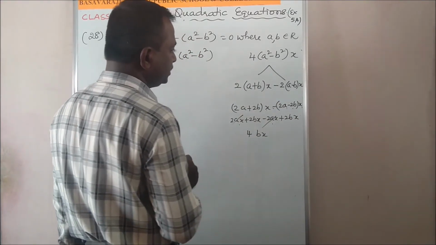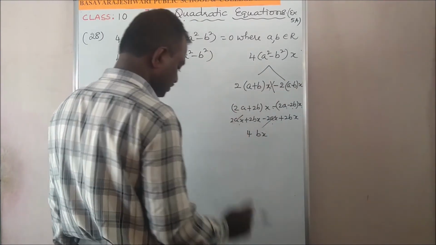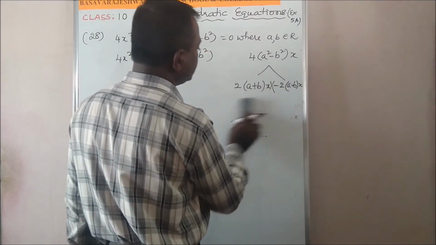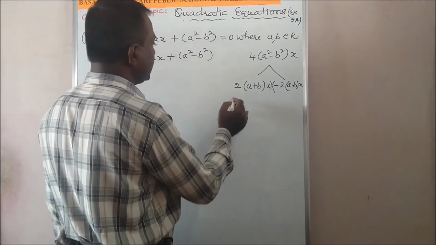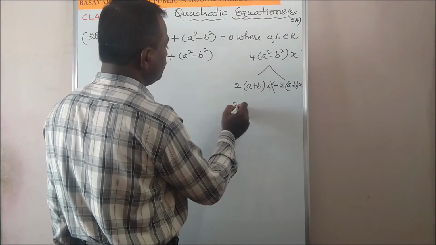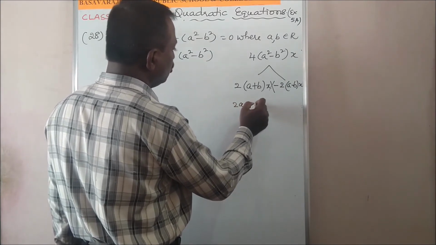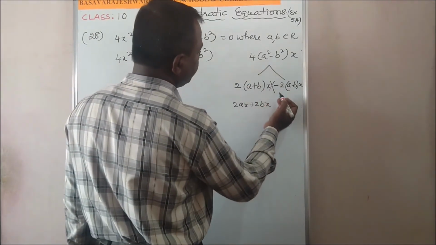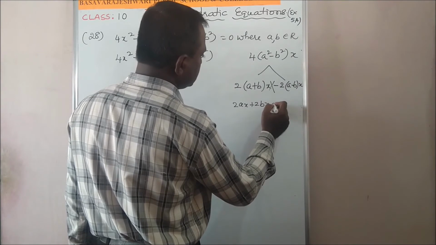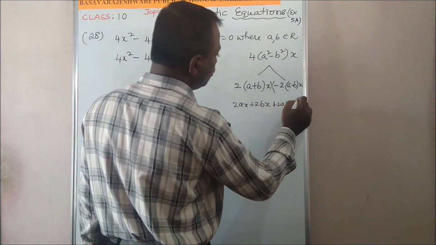So what happens here? If you add or subtract, so if you subtract, what happens? Subtract means 2ax, 2bx, I am subtracting, plus 2ax minus 2bx.